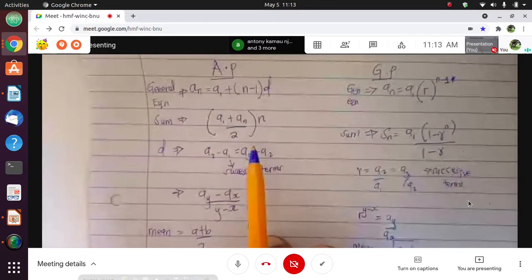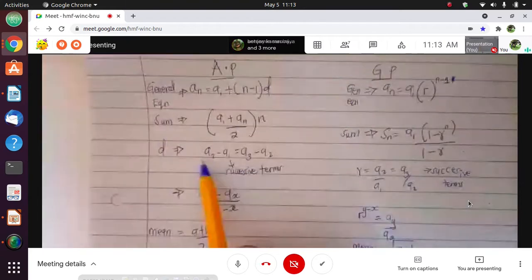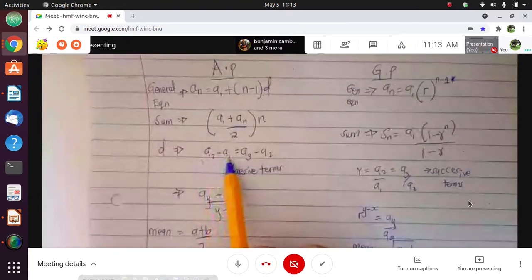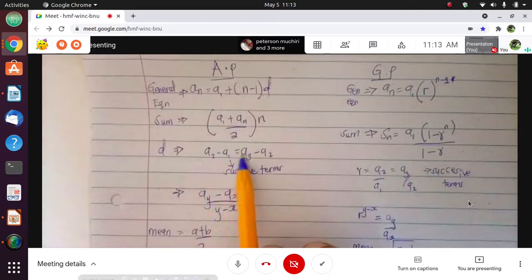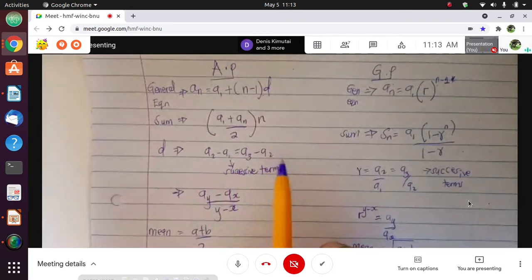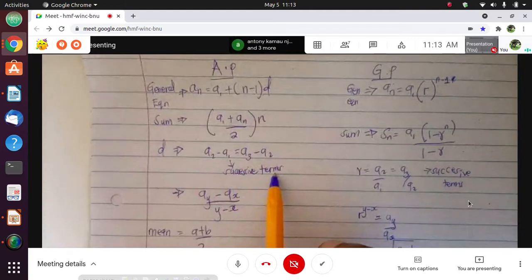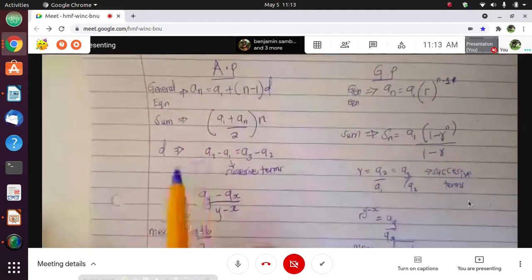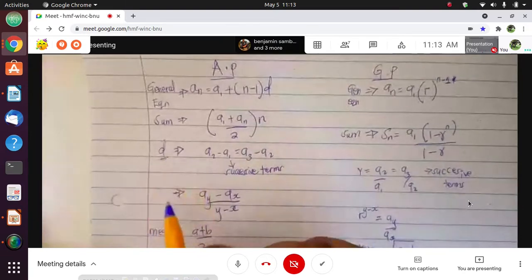So for an arithmetic progression, a2 minus a1, the second term minus the first term, should be equal to the third term minus the second term. If you had 5 terms, then A5 minus A4 should be equal to A4 minus A3. So that difference between those two numbers that are next to each other in that arithmetic sequence gives you what we call the common difference.